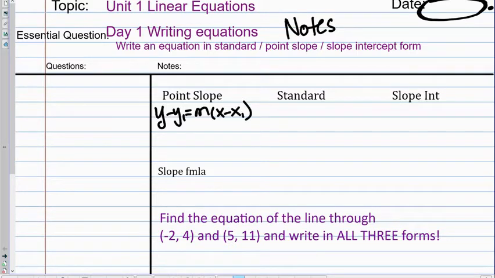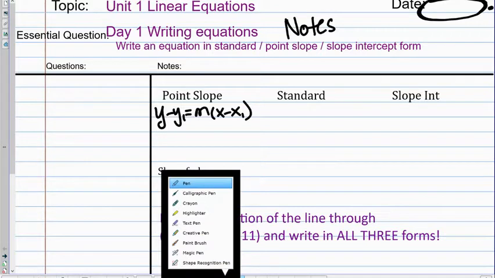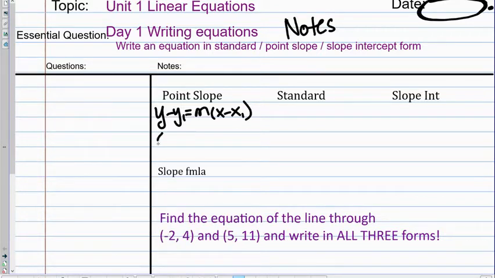Okay, and in here you will notice that there is a point, and the point is (x1, y1), so that's your point. And your slope, and I used P for point here, your slope is that letter m. Okay, so that's point and slope.